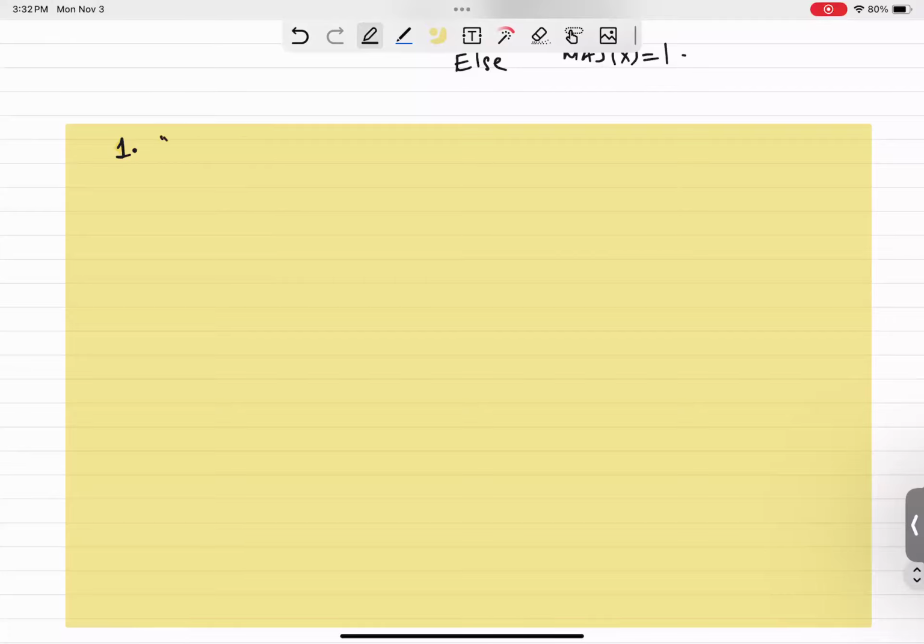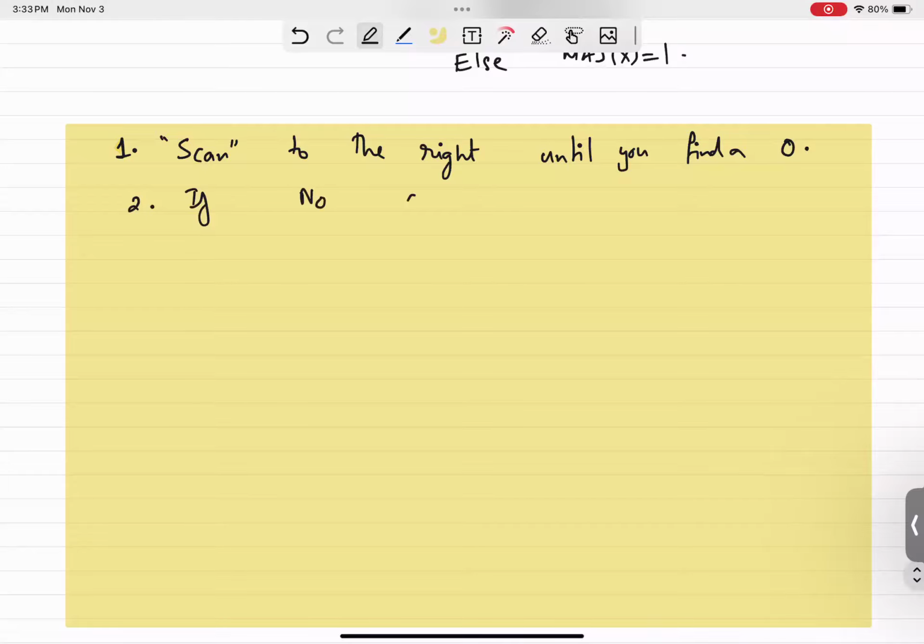One idea that was already mentioned is you scan to the right until you find a 0. You have your input written on the tape. Keep going to the right until you find a 0. And if no 0 is found, what should you do? If there is no 0 in your input, what should the output be? 1, right?